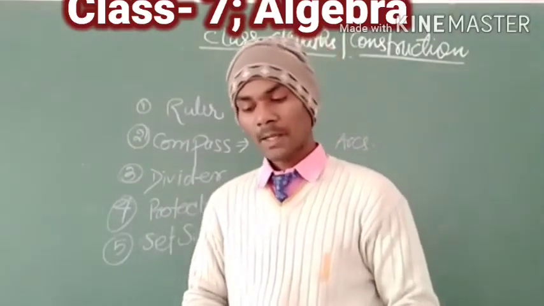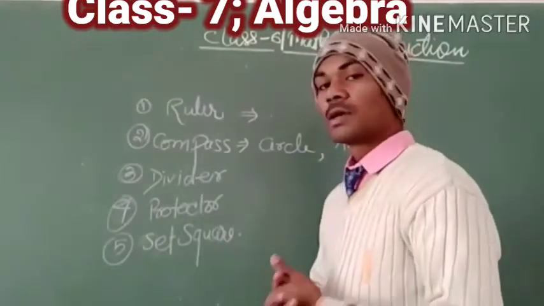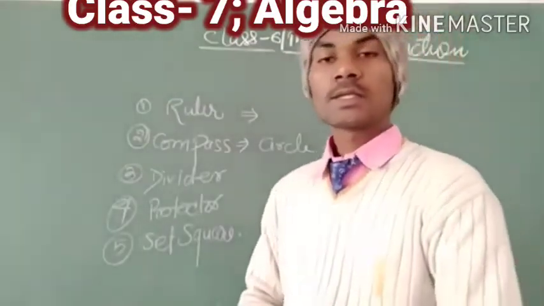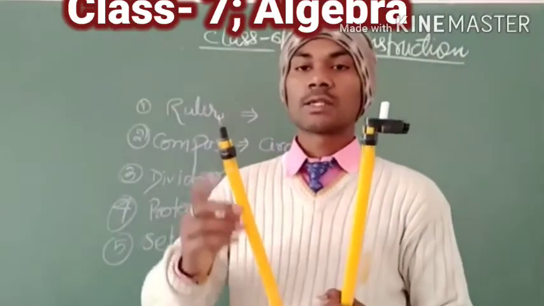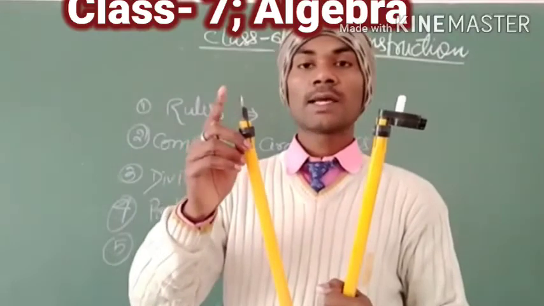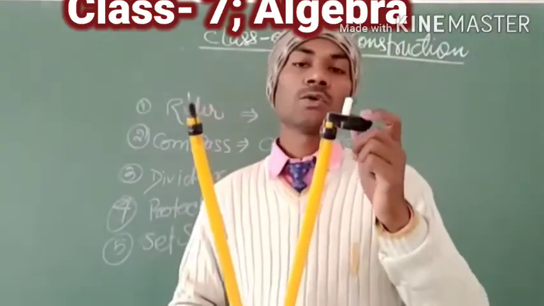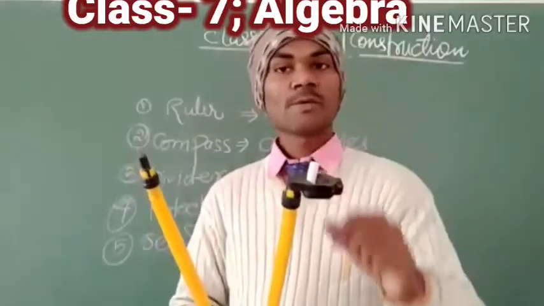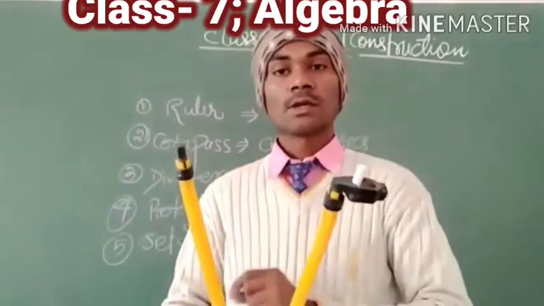The next is the divider. The divider also looks like a compass, but there is a slight difference: in the compass, one end has a metal needle and the other end has a hole to hold chalk or pencil. But in the divider, both heads have their own needle.